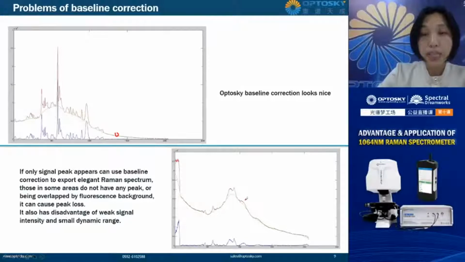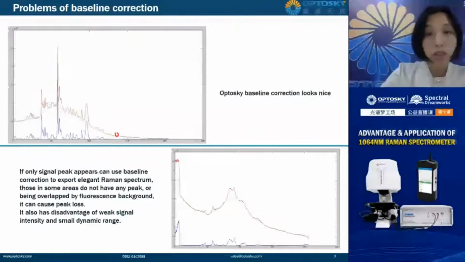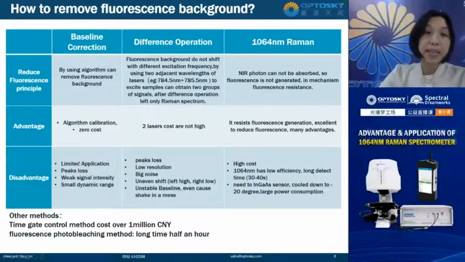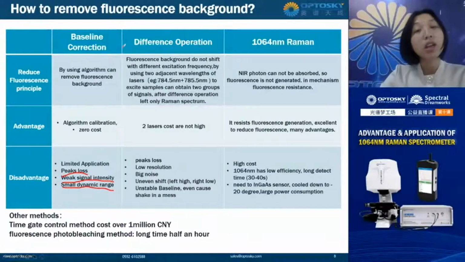Also, you can see the disadvantage is the weak and small signal intensity, so the dynamic range is very small. So we say that baseline correction could cause peak loss, weaker signal intensity, and a small dynamic range.